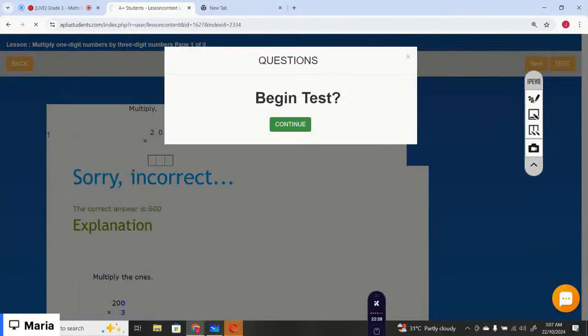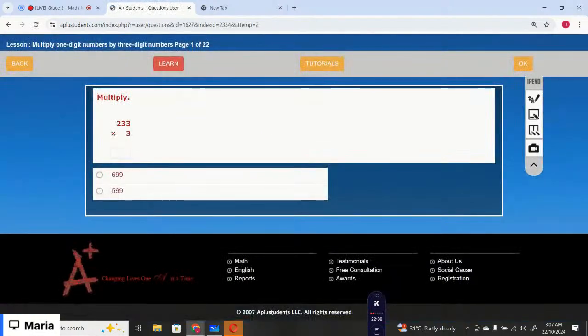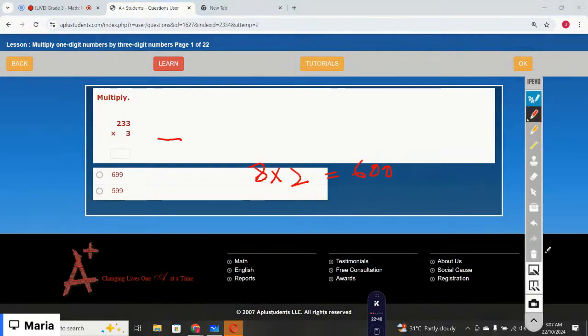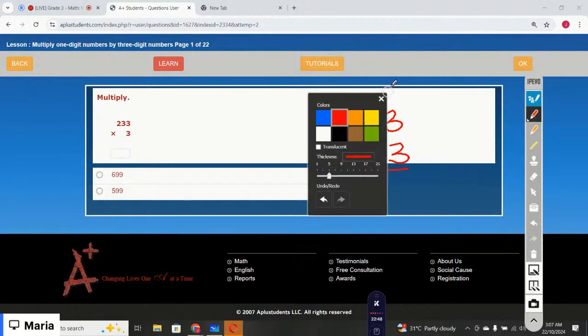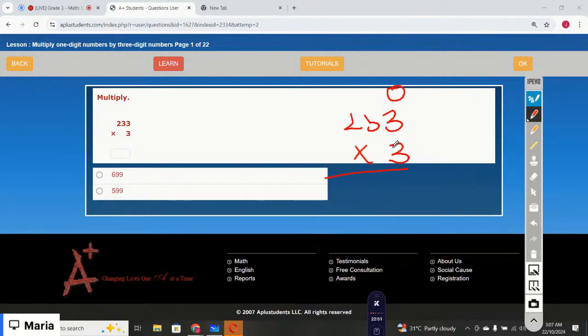Let's just start with the test questions. The first one is 233 times 3. Let's just multiply. So start multiplying with the ones digit, right? You have to do 3 times 3, that is 9.